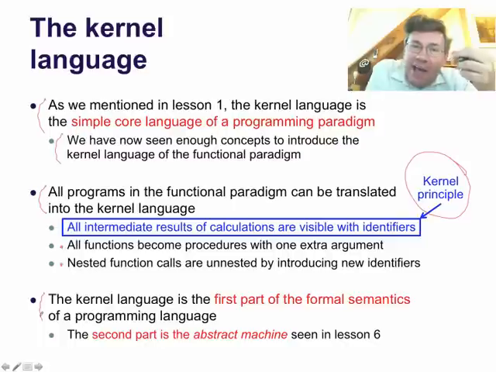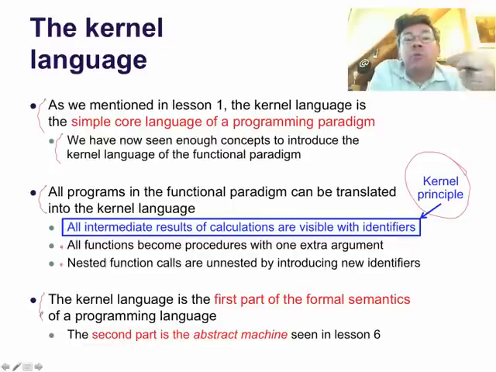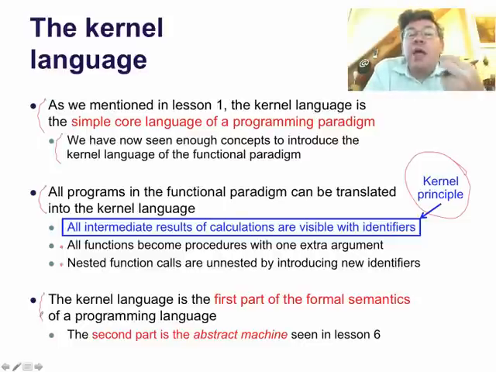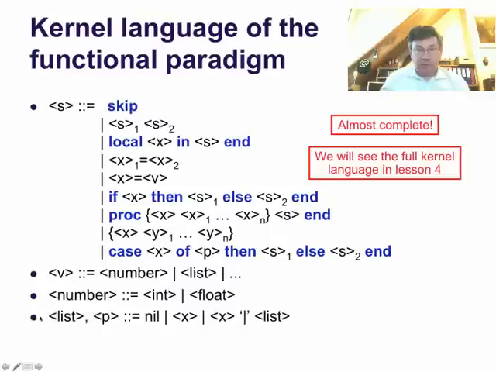So it's already half of the semantics in some sense. The second part, which is the abstract machine, which is a kind of a mathematical mechanism that shows the execution, that second part we will see in lesson 6. So right now, we can already see the first part and get some advantage, some extra understanding from this.